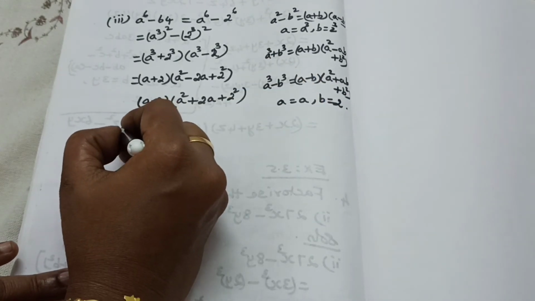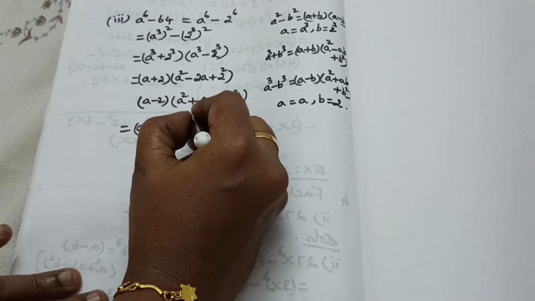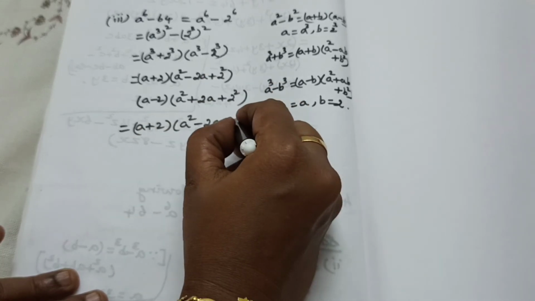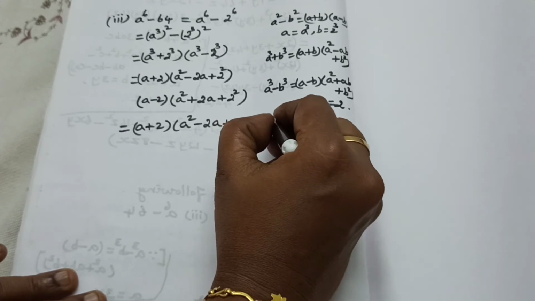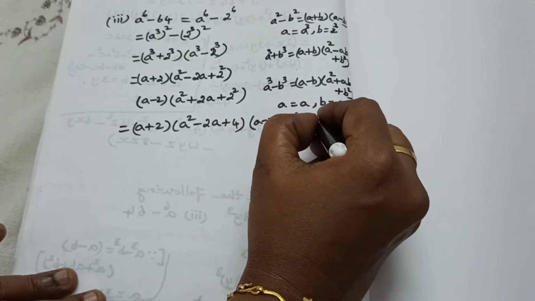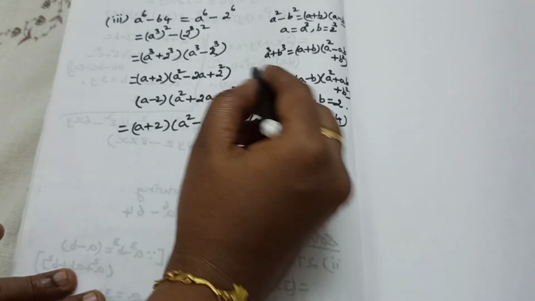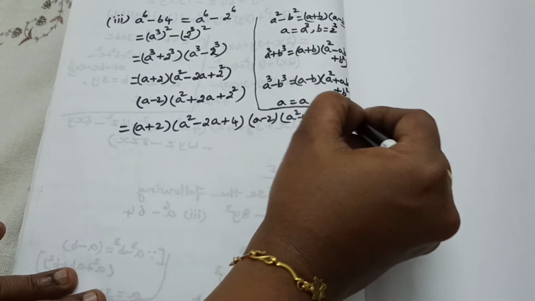Any doubt? And equal to a plus 2 into a square minus 2a plus 4, into a minus 2 into a square plus 2a plus 4. Am I correct? Any doubt?